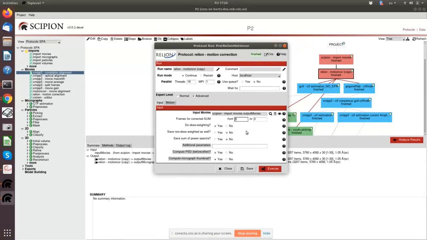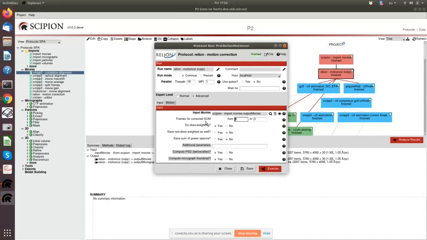Unfortunately, there is no way of knowing which is your case other than trying and seeing if you get better results by changing this dose weighting. The polishing is in principle a way to do this dose weighting in a more clever way.